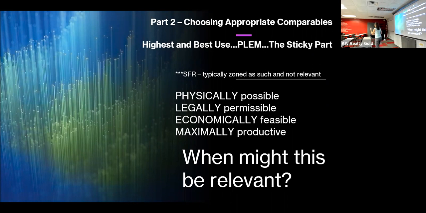You have an old 1960 tiny little house that's sitting on a half acre of possible multifamily. Is the value of this tiny little single family house really what is best for that property? That's where it can make a big difference.